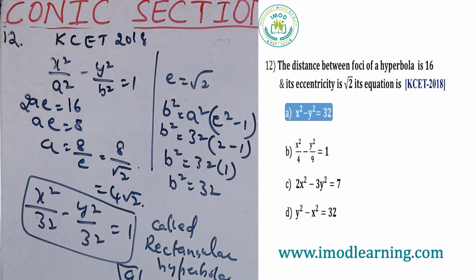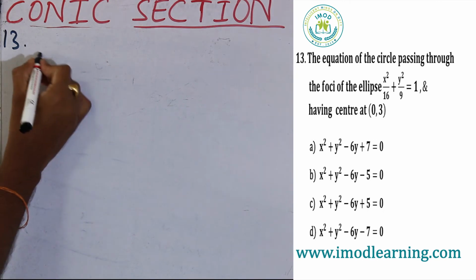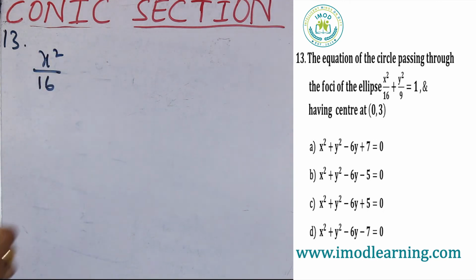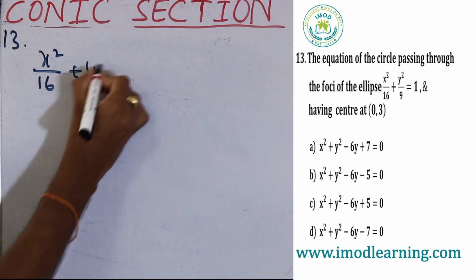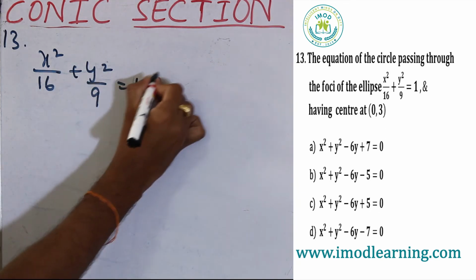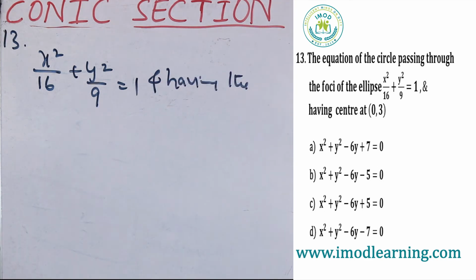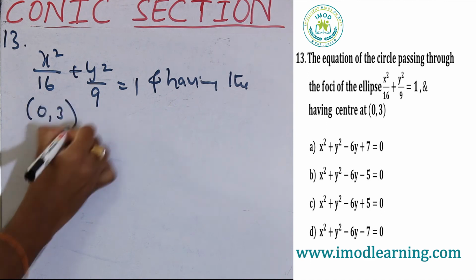So next problem. If the equation of the circle passing through the foci of the ellipse x square divided by 16 plus y square divided by 9, which is equal to 1, and having the center 0, 3.